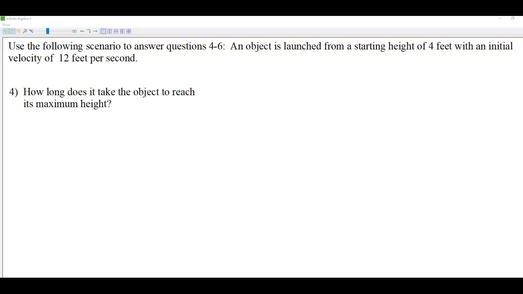Starting with number 4 here, it says use the following scenario to answer questions 4 through 6. An object is launched from a starting height of 4 feet with an initial velocity of 12 feet per second. So this is a projectile problem, and I gave you guys this little formula to answer questions about projectiles.